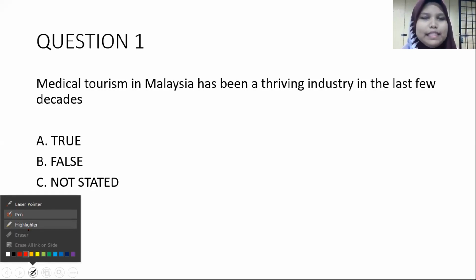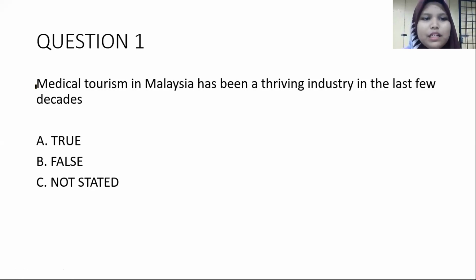Let's combine the second and third steps, which is to highlight and circle the keywords, which are nouns or adjectives: medical tourism, Malaysia, thriving industry, and the last few decades.